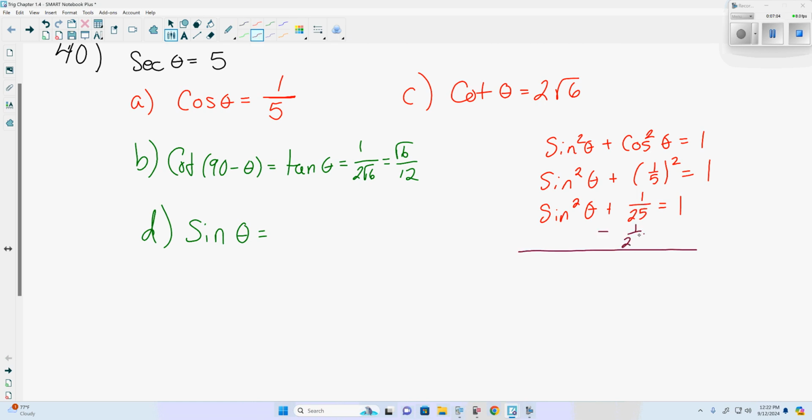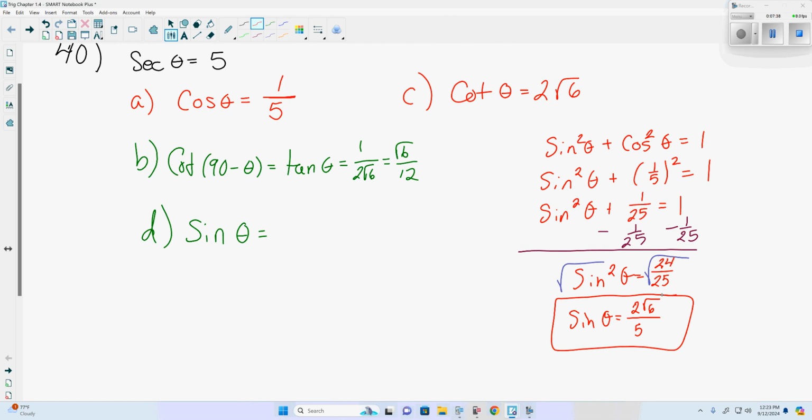Then we can subtract 1/25 from both sides, telling us that sine squared of theta is equal to 24/25. Square root both sides, telling us sine of theta is square root of 24 over 5, which would be 2 square root of 6 over 5. But we could plug in square root of 24 over square root of 25 in the calculator to get our answer.